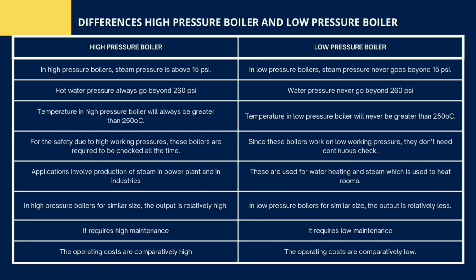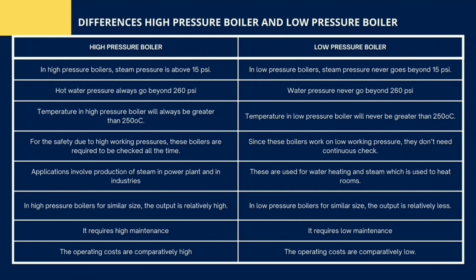For safety, due to high working pressures, high pressure boilers are required to be checked all the time, while low pressure boilers, since they work on low working pressure, don't need continuous checks.